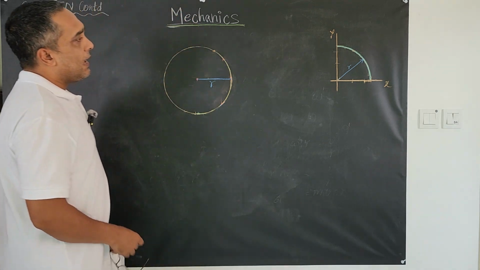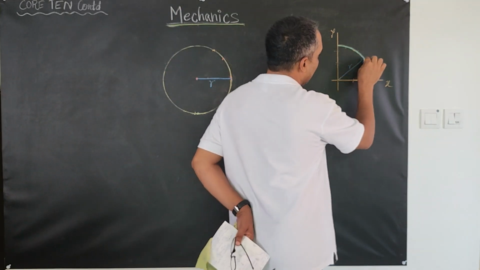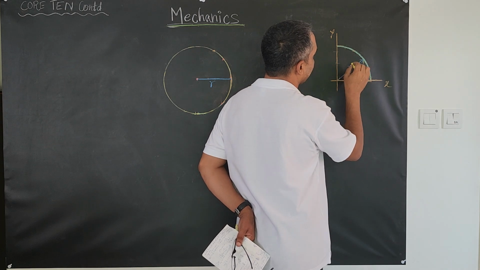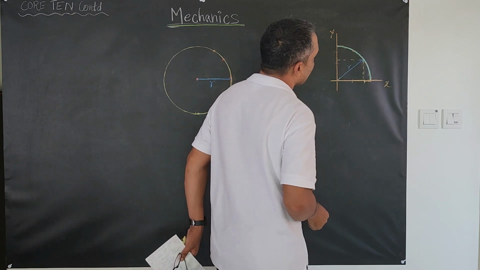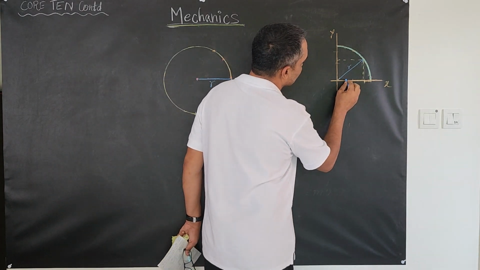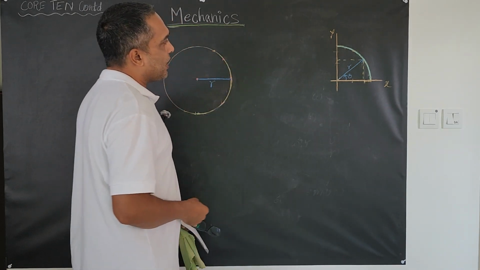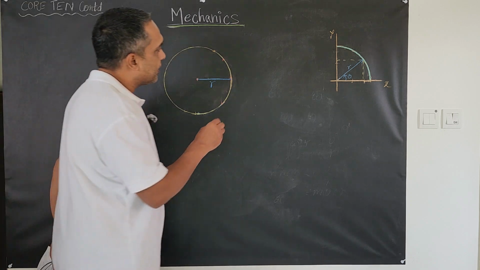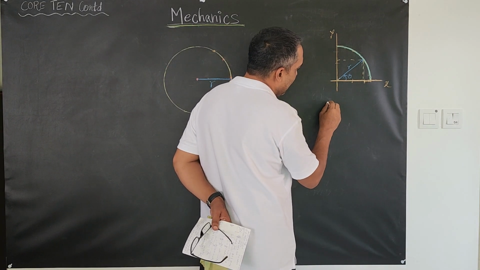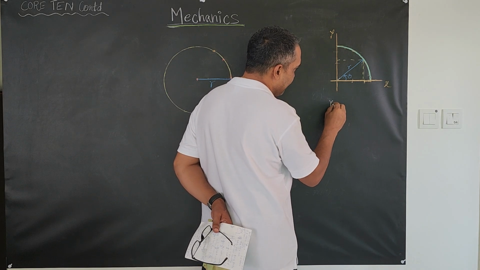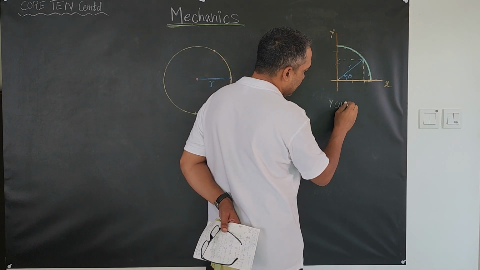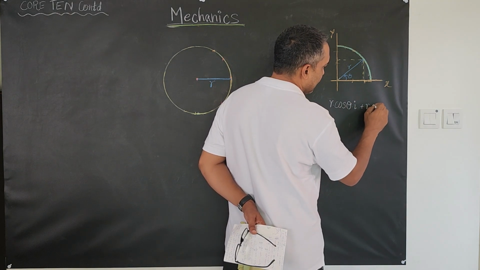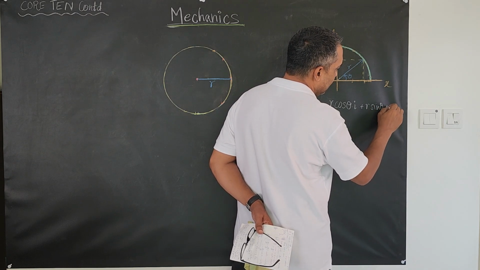That's my radius r, and if this was theta, I can write the vector representation of this displacement or position, the position vector, as r times cosine theta i plus r times sine of theta j.